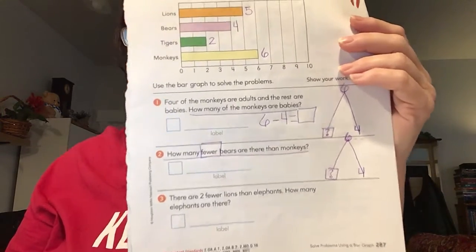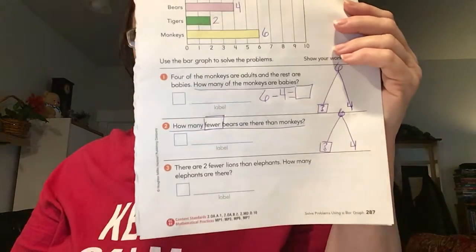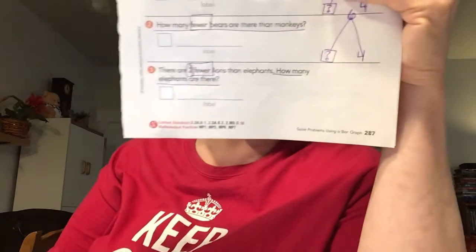And then I want you to look at number 3. This one's a little bit harder, okay? This is the one that, oh, we'll read it and we'll see what you say. But I'll tell you in a minute. There are 2 fewer lions, there's that fewer again, than elephants. How many elephants are there? Okay, I want you to think for a minute.